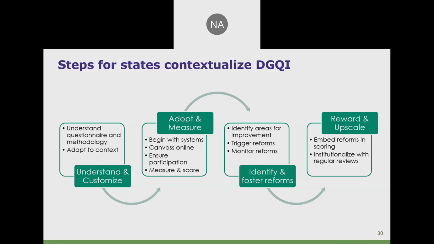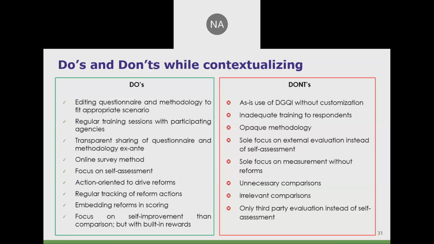In the next slide, we look at the more operational aspects of using DGQI at the state level. And there are some do's and don'ts listed here while the states adopt the DGQI framework. Essentially, there are three core do's we would like to focus on.